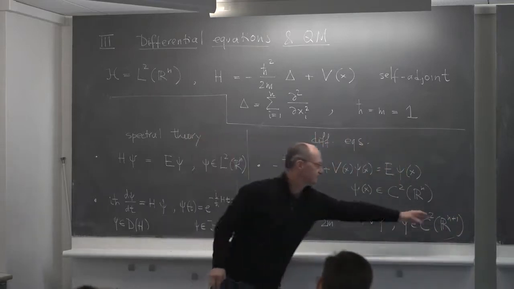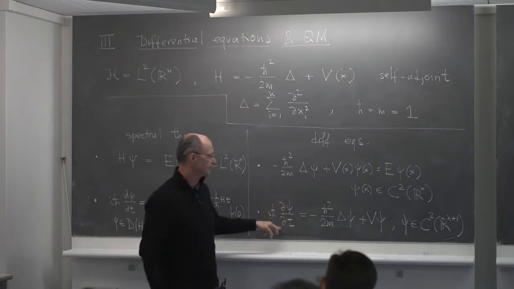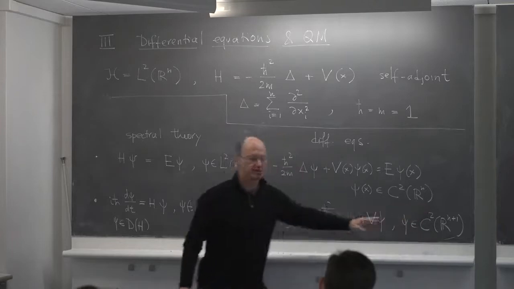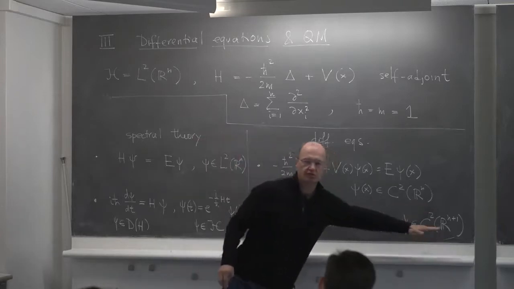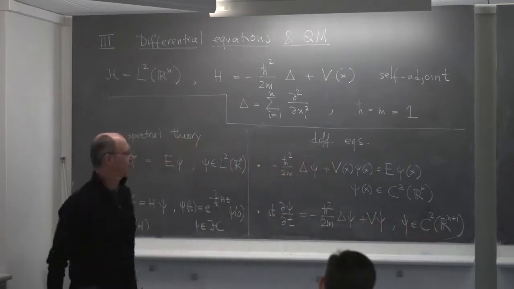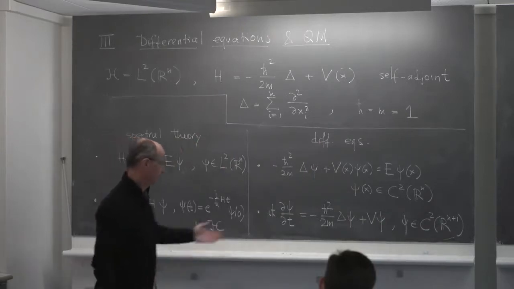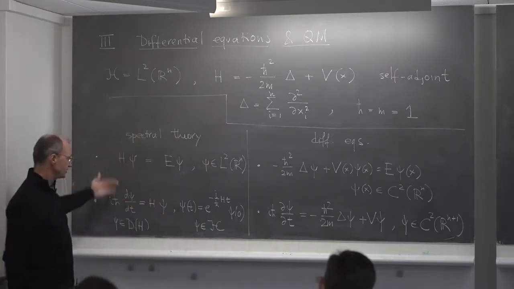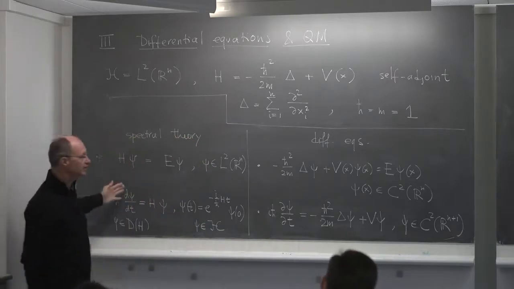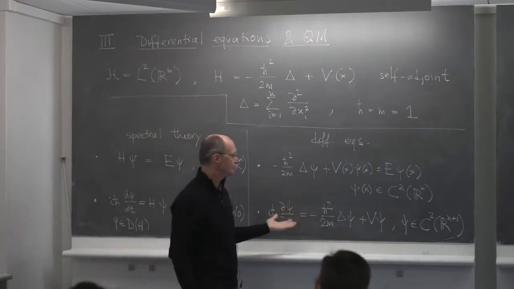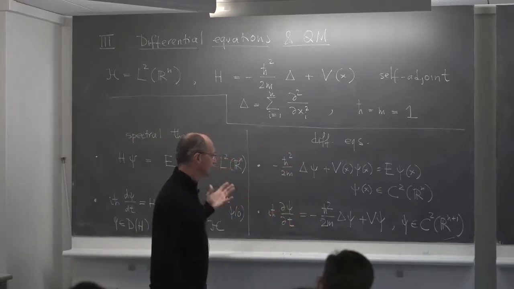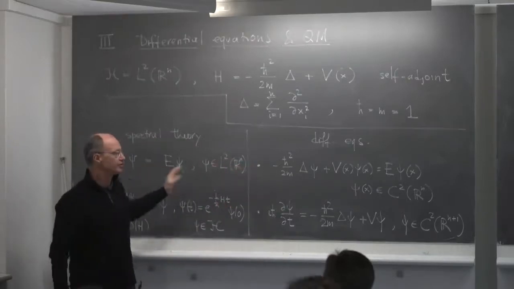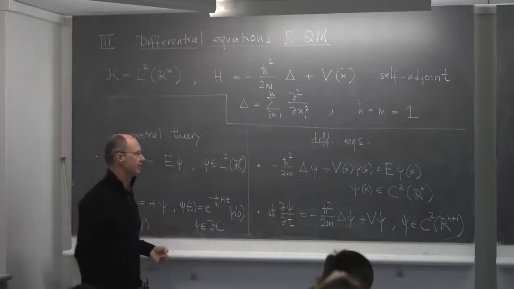And this 2 is somewhat negotiable. Right here, with respect to time, we even don't need to have two continuous derivatives. But OK, if we take C2, that's certainly a reasonable domain where this equation is defined. So you see, basically, these are the same equations on the functional analysis side and on the differential equations side. However, the natural place where they live seems to be rather different. So we'll see what are the consequences of this fact.